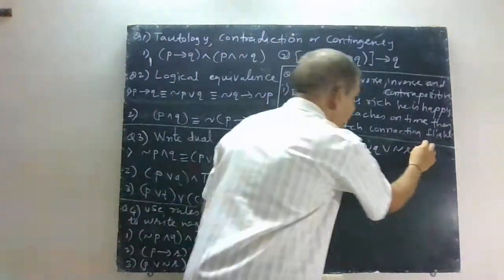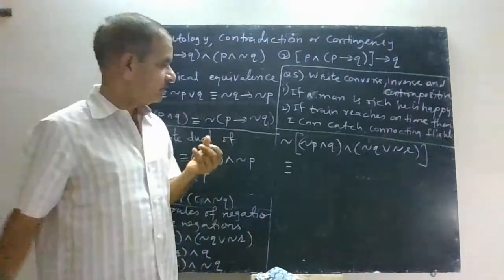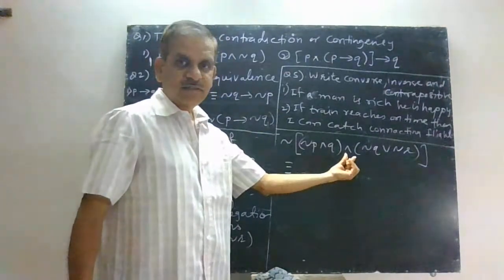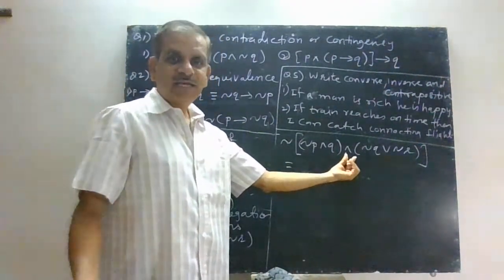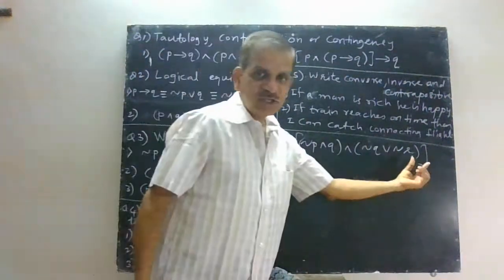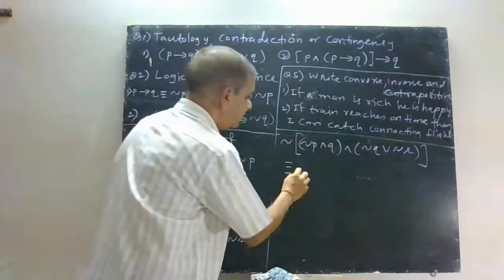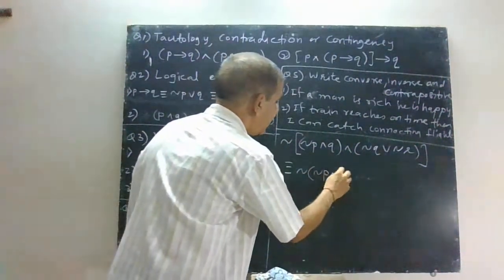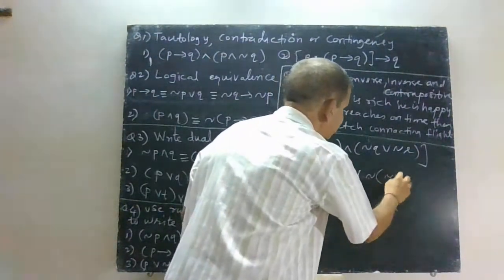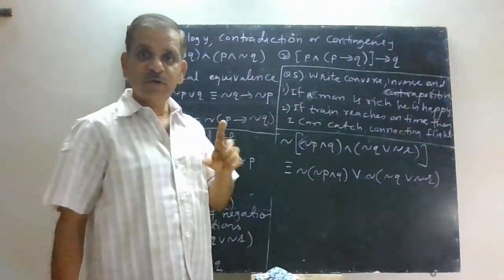This is the given statement whose negation you are writing, that will be equivalent to the following. If you observe, the statement is of the and type, that is a conjunction, and the negation rule says that you have to make the negation of the first statement, the negation of the second statement, and then change and to or. So it is negation of P and Q, replace it by or, again negation of Q or negation of R. So you have used the first rule of negation.